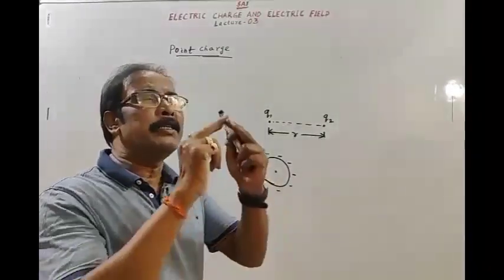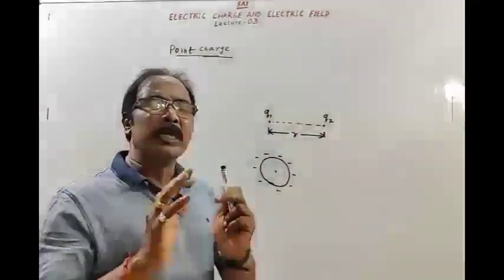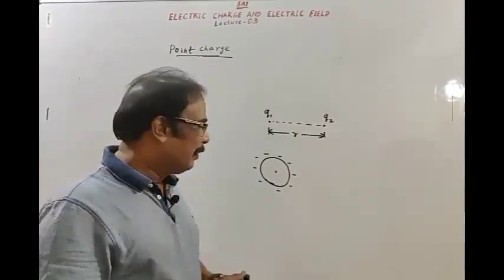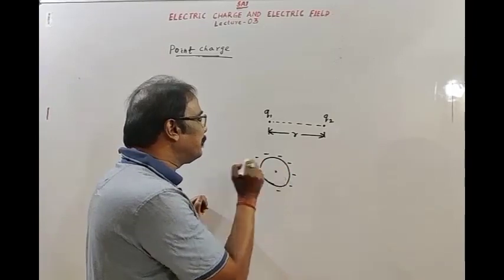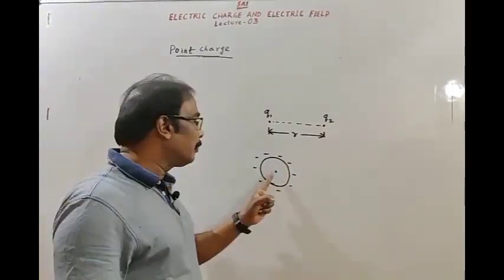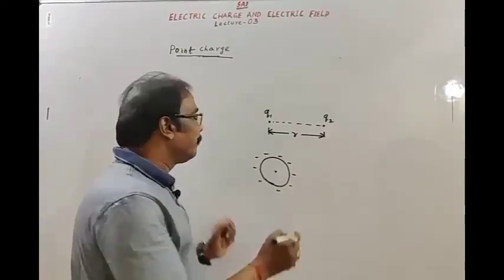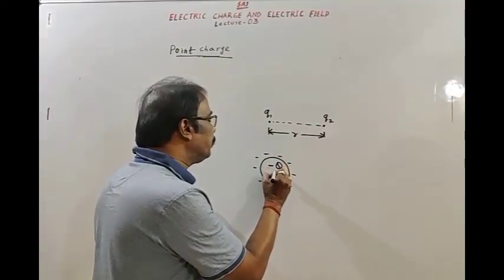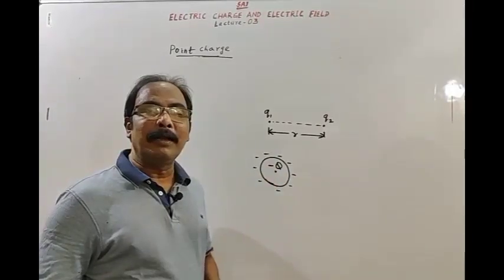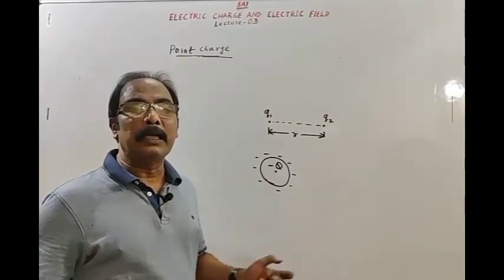If charge is distributed on the surface uniformly, then we may consider the total charge of this body to be concentrated at the center of the body. Let the total charge be minus q, which is assumed to be concentrated at the center of the sphere.